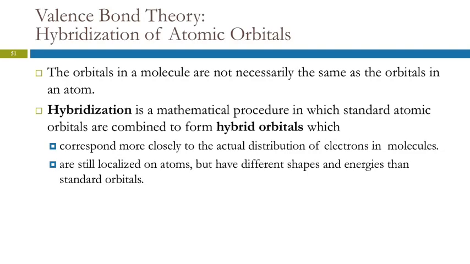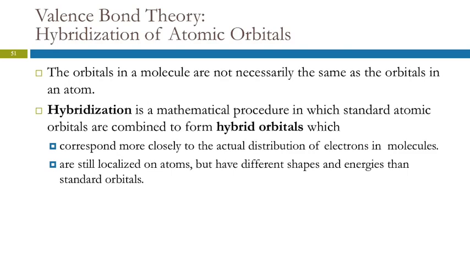So we've been looking at the orbitals on the carbon atom in a molecule being the same as the orbitals on a carbon atom that's all by itself. That's not necessarily true. The orbitals can change when the carbon atom becomes part of a molecule.